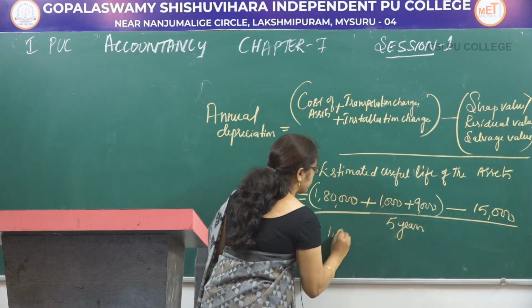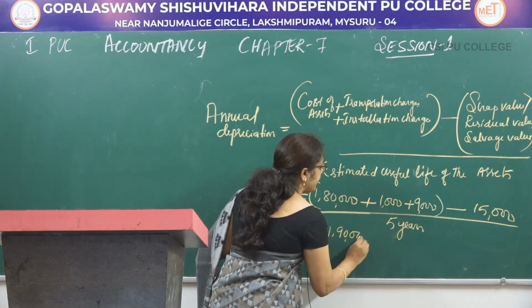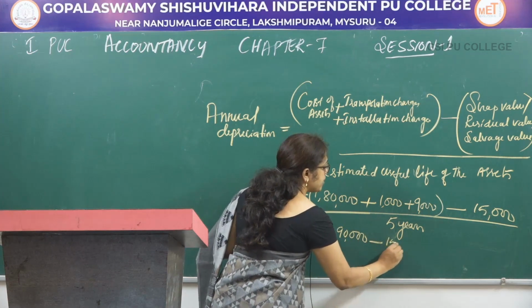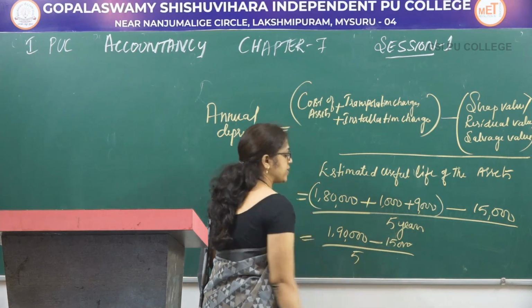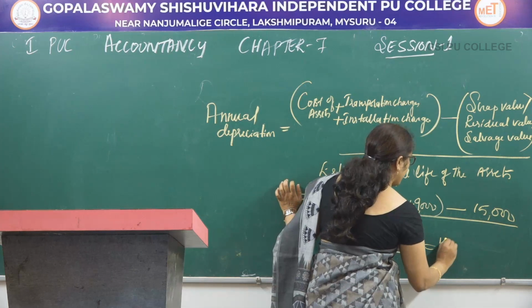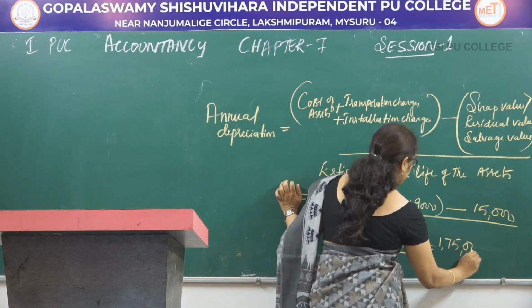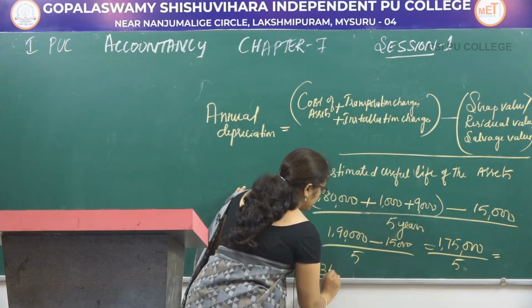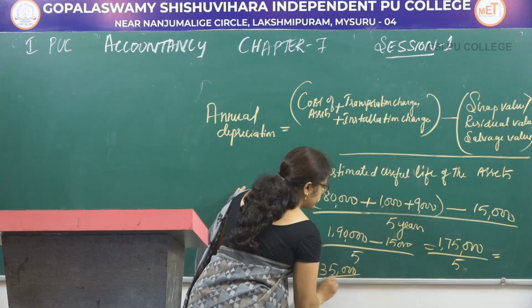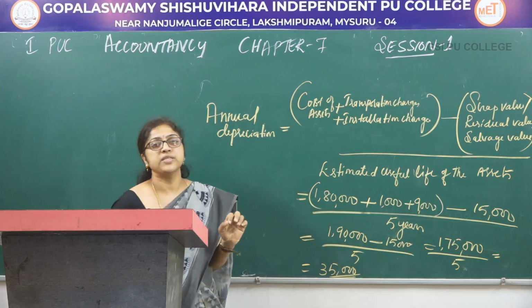So the total is 1,90,000 minus 15,000 divided by 5 years equals 1,75,000 divided by 5 equals 35,000. This is the annual depreciation.